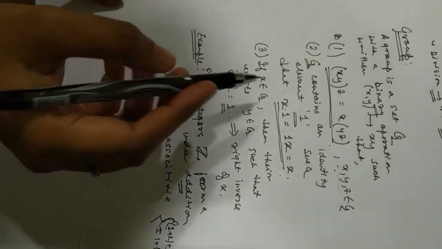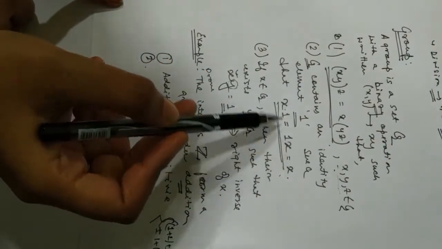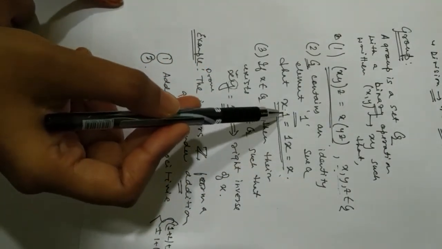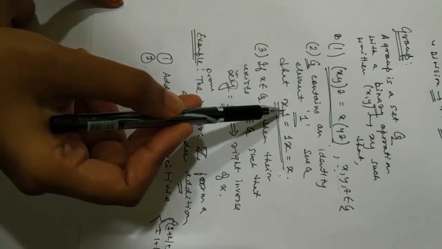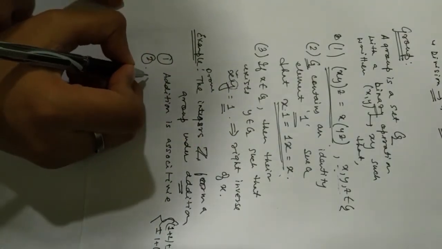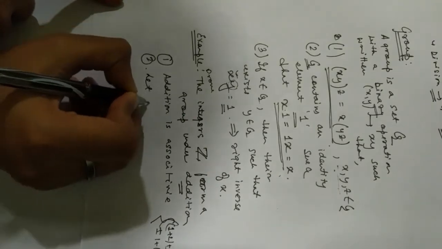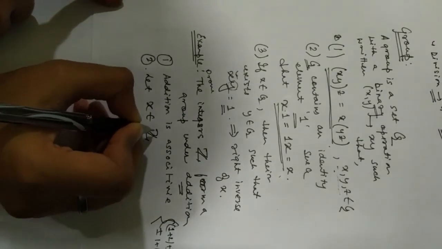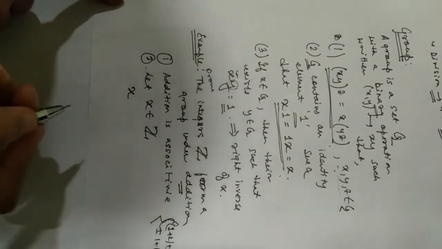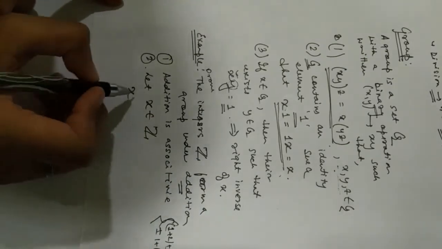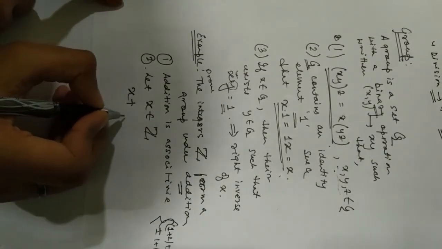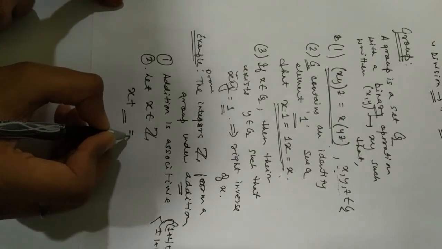The second, we have to prove that G contains an identity element. Let x belong to Z, right? So x and the binary operation is now plus: x plus what gives me x?